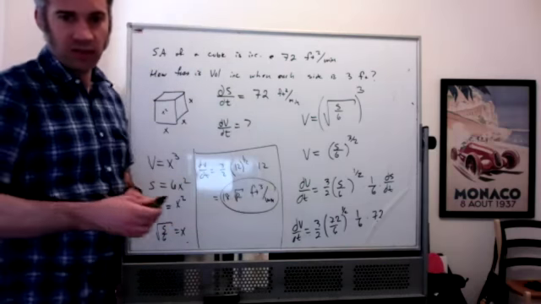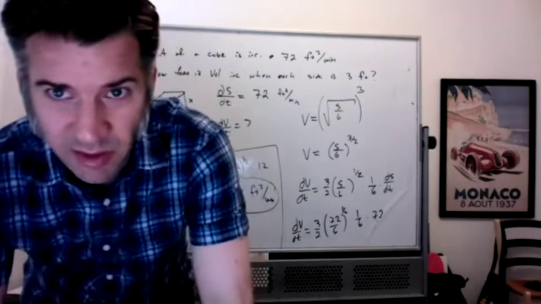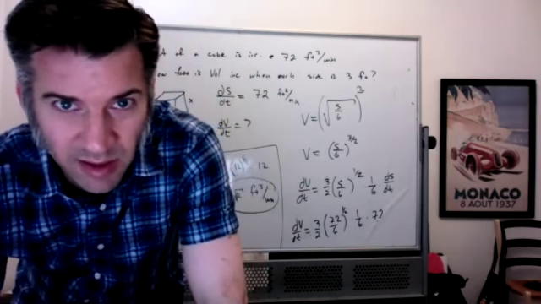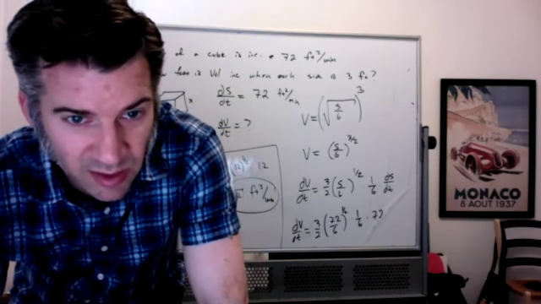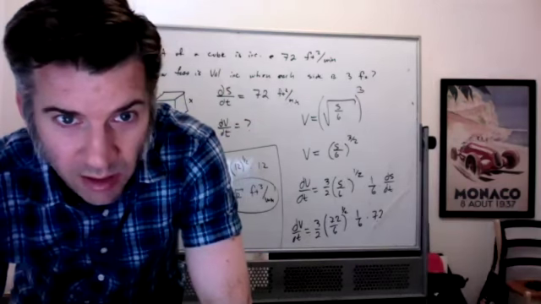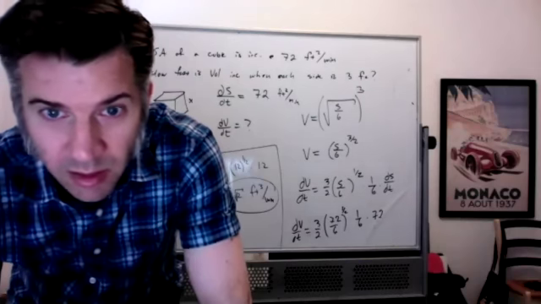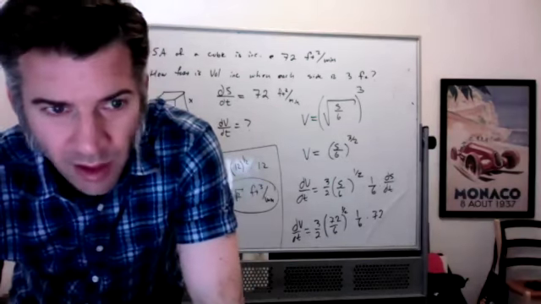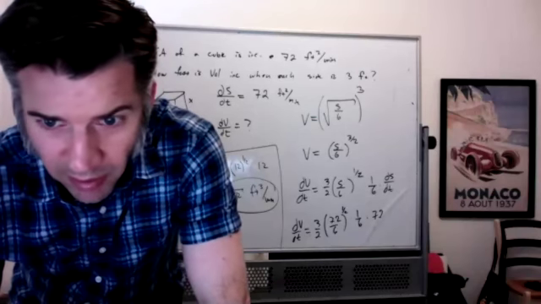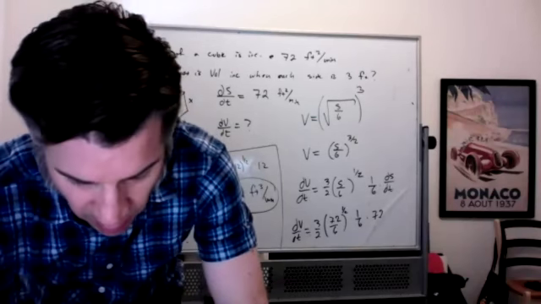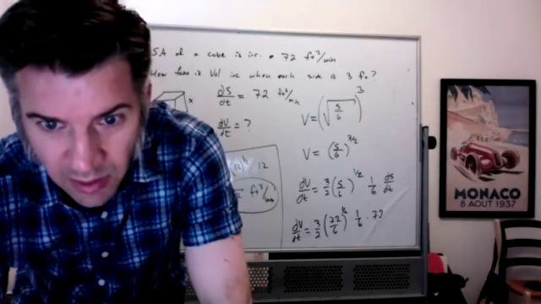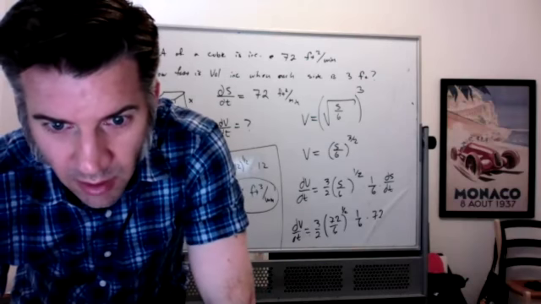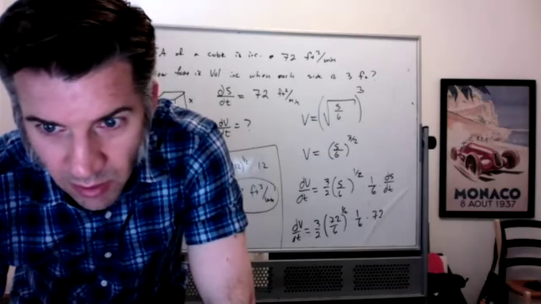You could probably do more simplifying here. I do want to look at my answers, because that seems like kind of a funky answer. So let's double check and make sure that I'm not making a dumb mistake. I'm going to look at those solutions real quick, so I'll make sure I'm not leading you down the wrong path here. I'm just always a little wary when my answers have strange numbers.